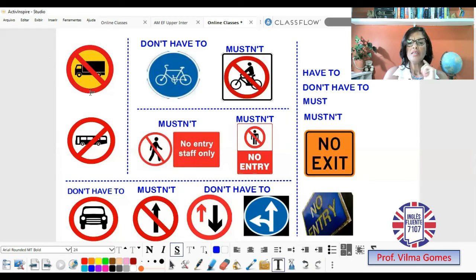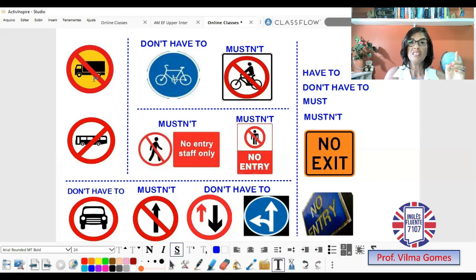So what about here? Here I have the permission for cars, and here, what is it? Trucks, yeah. So here cars are allowed to run. So I have trucks here, and I have buses here. Are trucks allowed in this area?